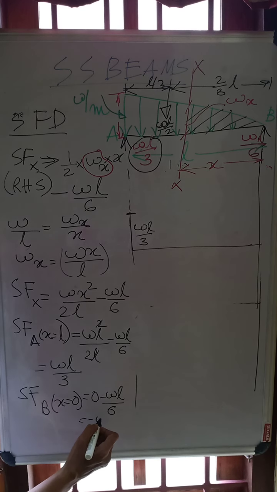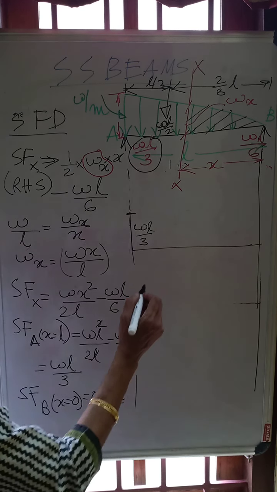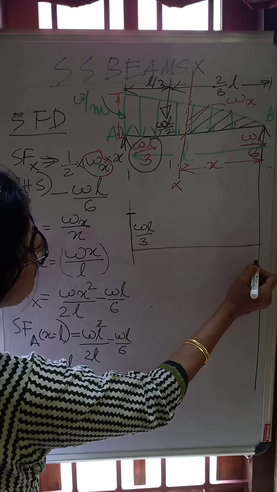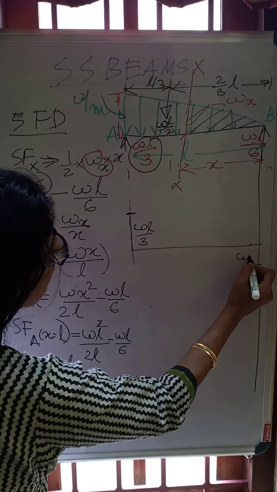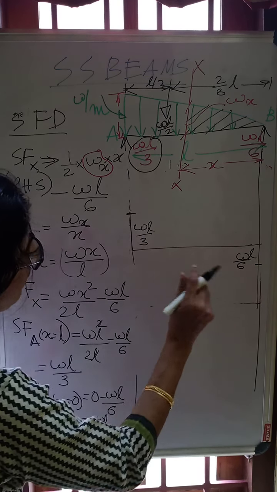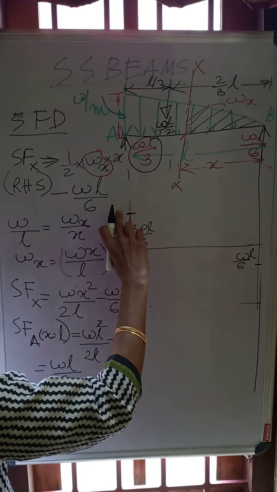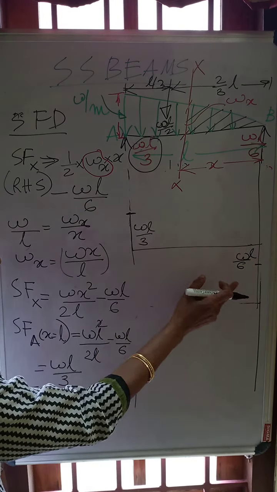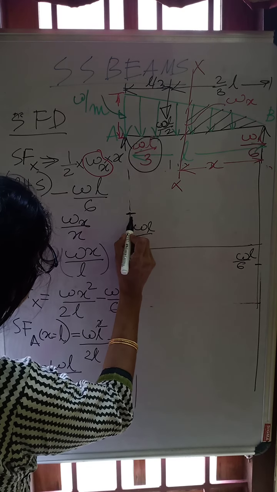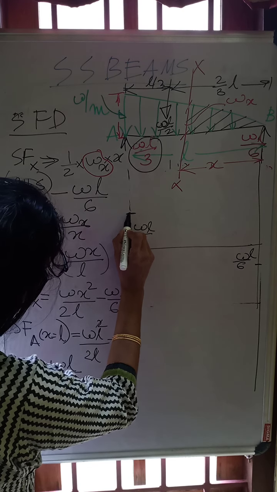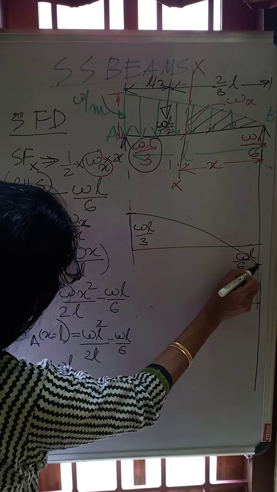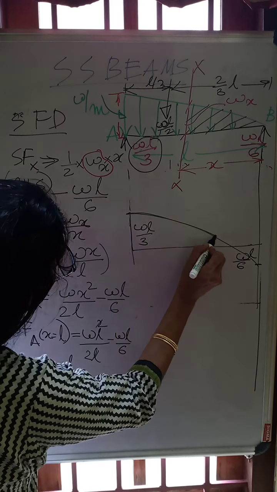So you are getting minus WL by 6. You have to plot with the magnitude also in mind. So this is WL by 3. This is WL by 6, which is half of this one. So you are just going to join this by a parabola like this. This is a parabolic variation.